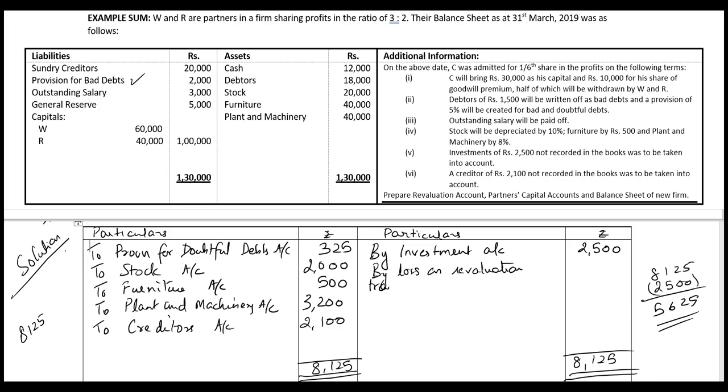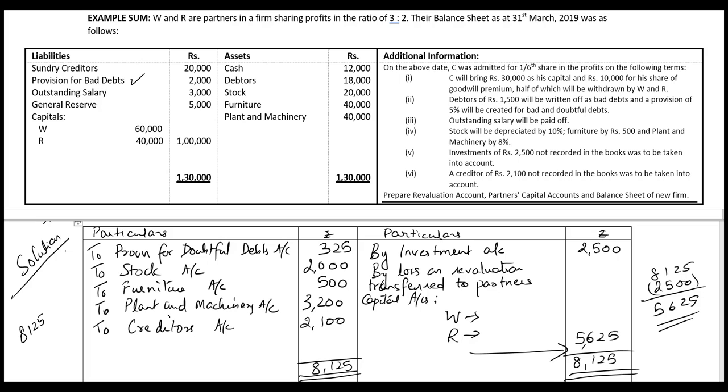So the loss on revaluation is transferred to partners' capital accounts. We have W and we have R. The total loss is 5,625.